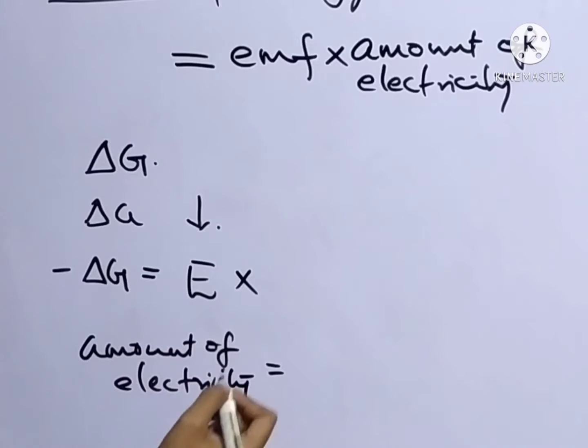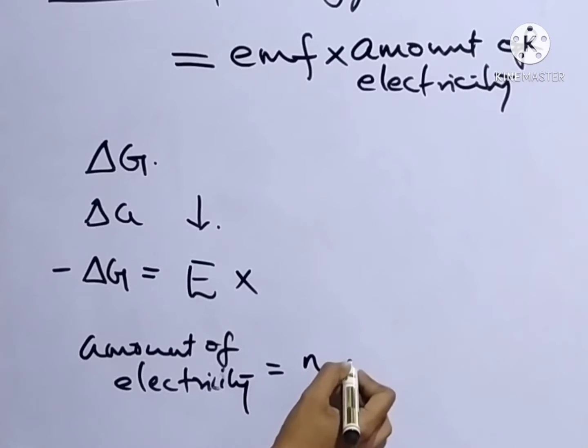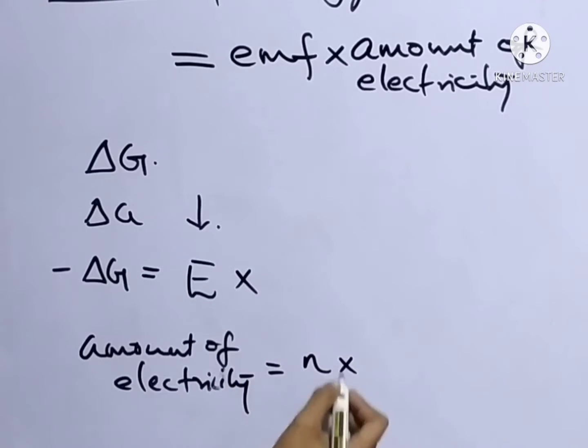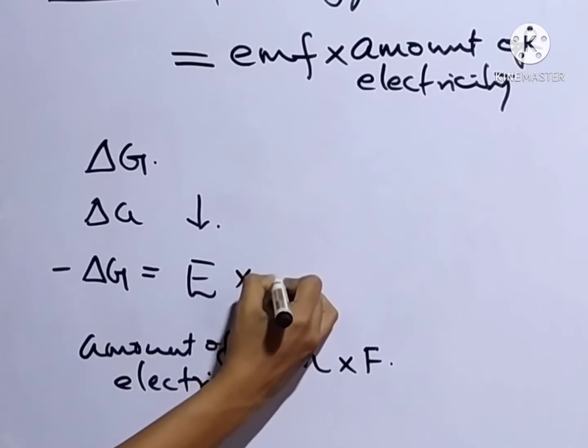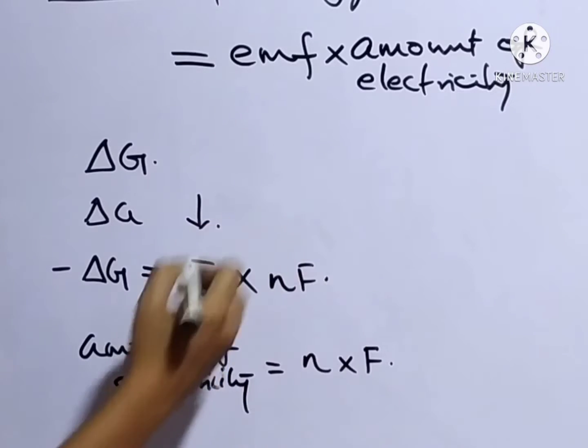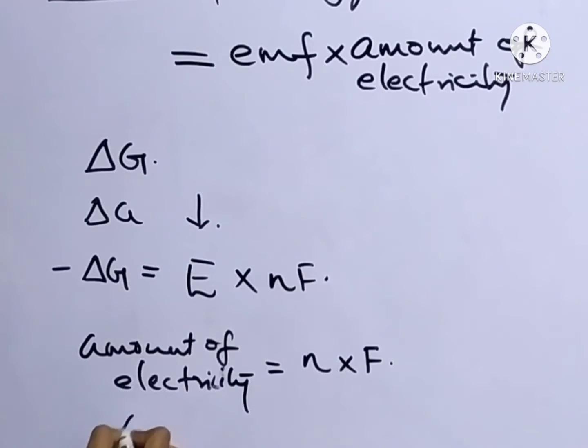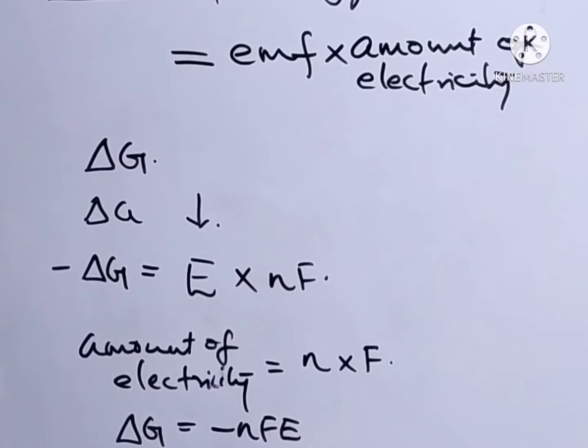So the amount of electricity will be equal to the number of electrons transferred times Faraday's constant. So here, N times F. That means the change in free energy delta G equals minus NFE.